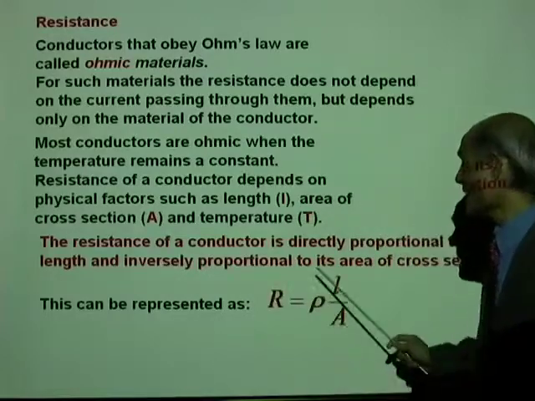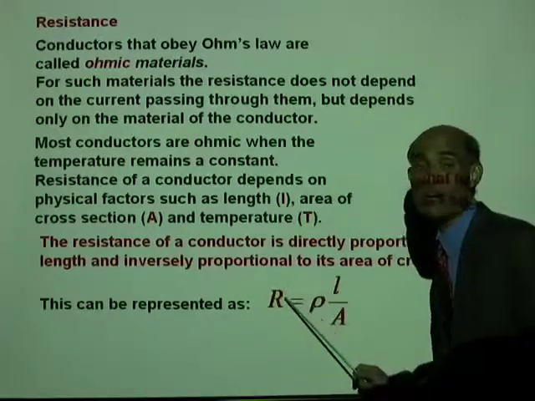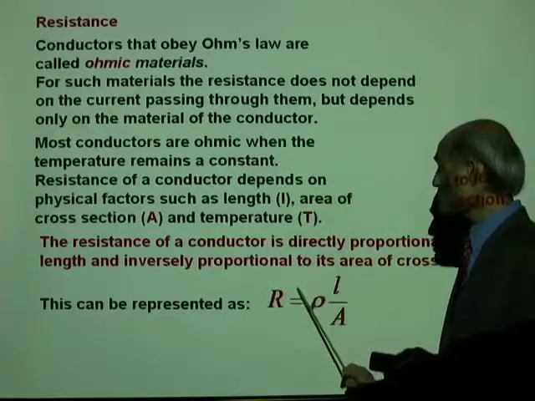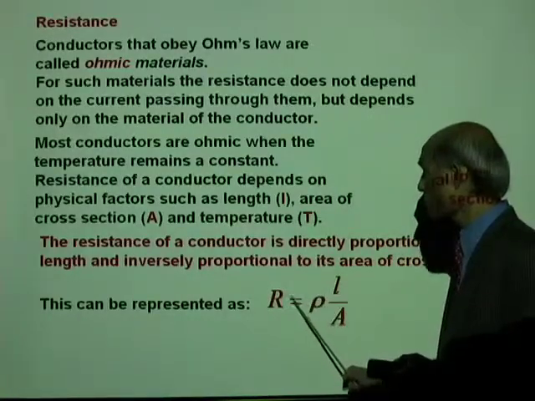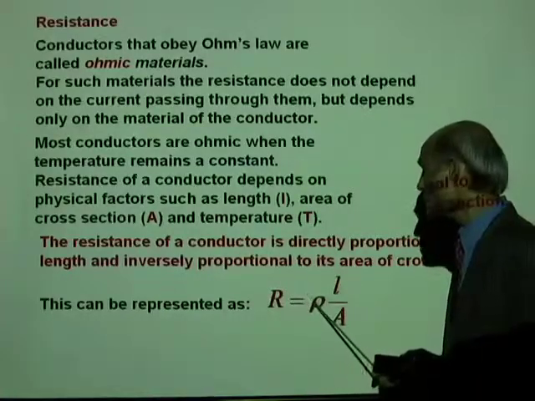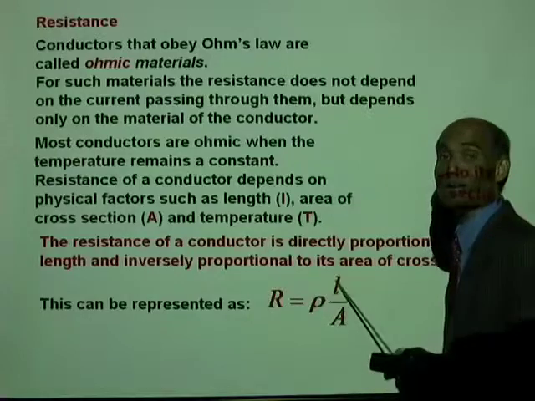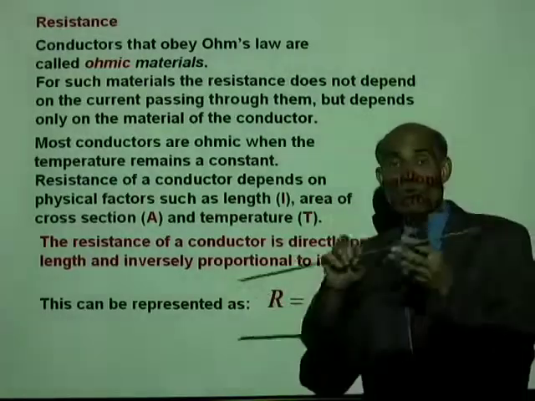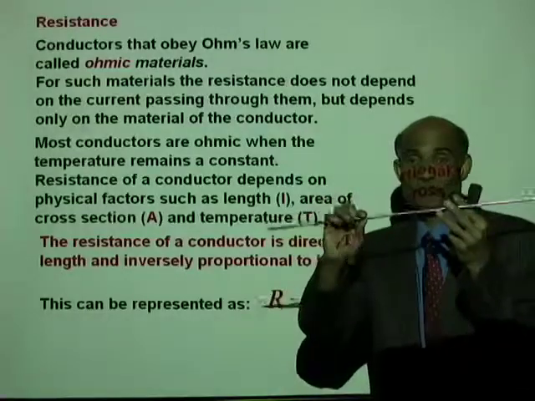You can write this as R is proportional to L over A, or R equals a constant times L over A. So this is a constant for that particular material.